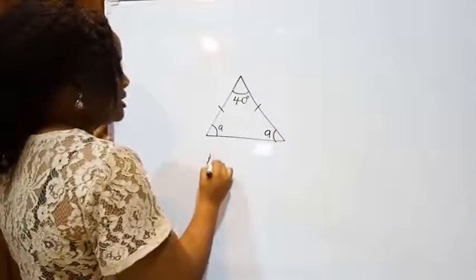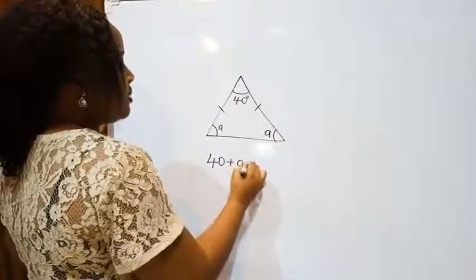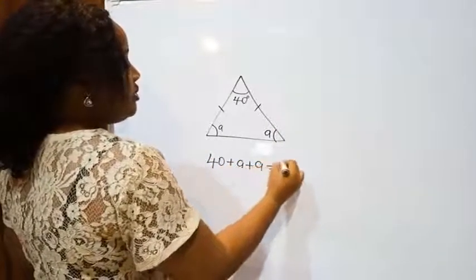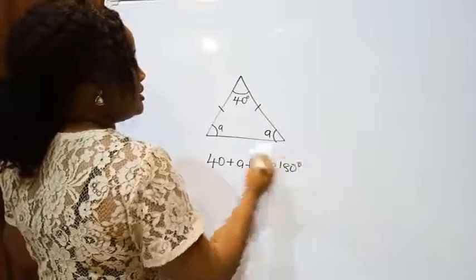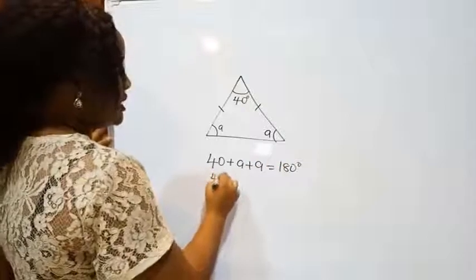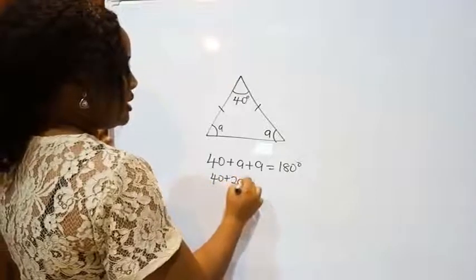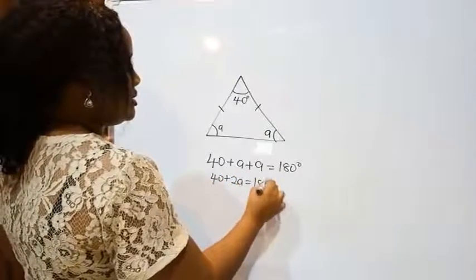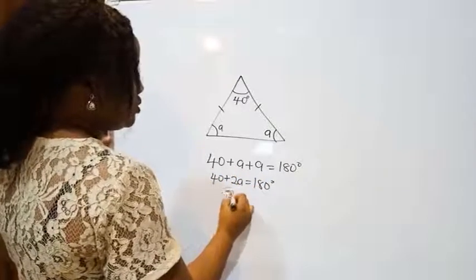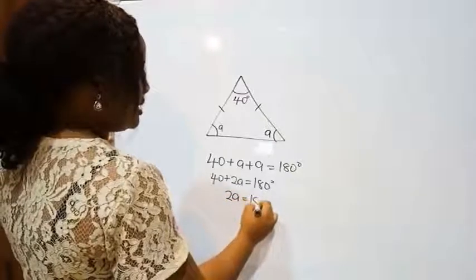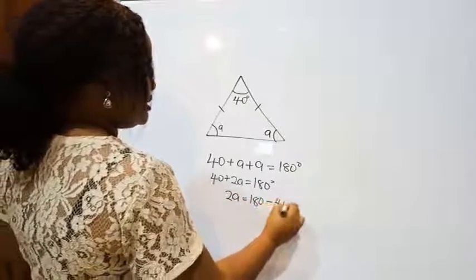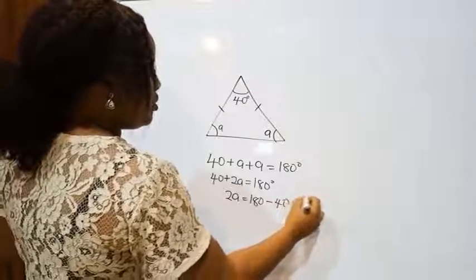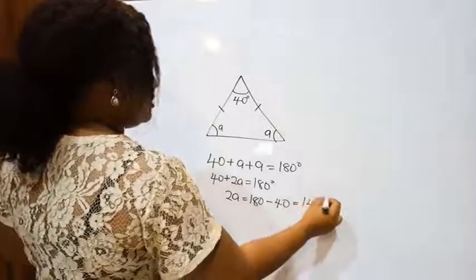So you have 40 plus A plus A equals 180 degrees. So 40 plus 2A equals 180 degrees. So 2A equals 180 minus 40, which gives us 140 degrees.